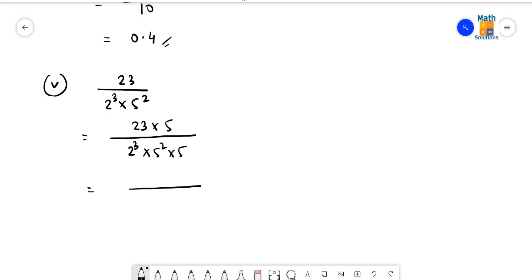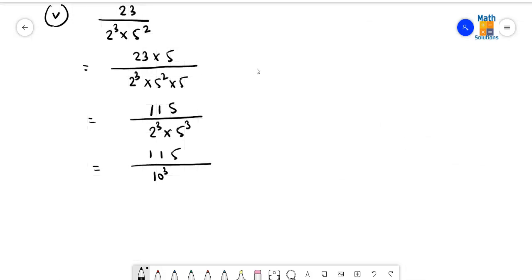So I get here 115 in the numerator, then 2 cube into 5 cube in the denominator part. So 115 in the numerator and in the denominator it is 10 cube. So what can we write? We can write here 115 divided by 1000. So it will be 0.115. So this is the answer of this number.